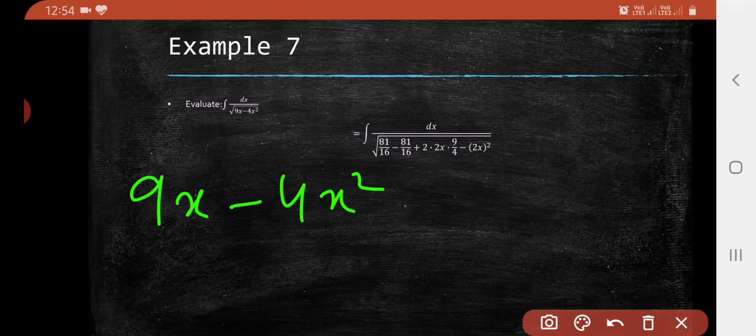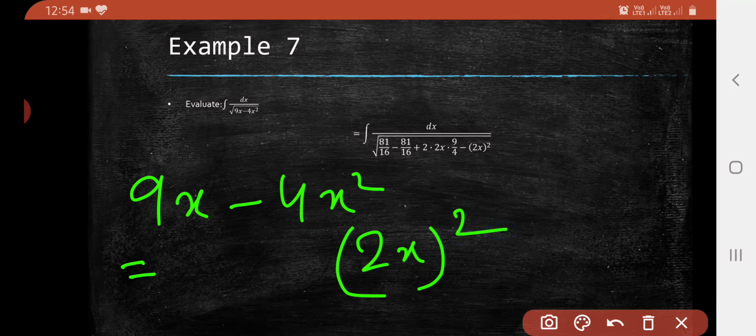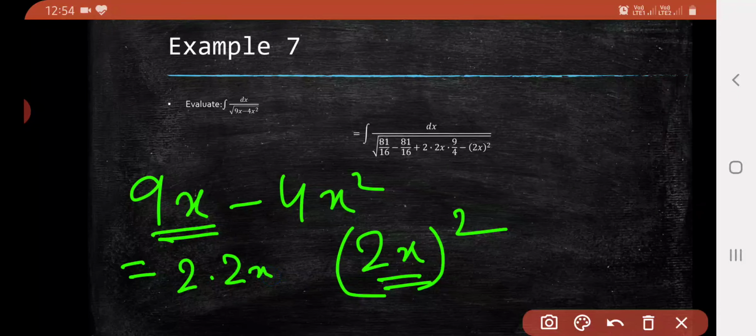So I am writing this 4x square as 2x whole square. So this is one of the a square. Now this 9x will act as 2ab. So I need some b square. So 9x can be written as 2 into, I need this 2x here, so 2 into 2x.